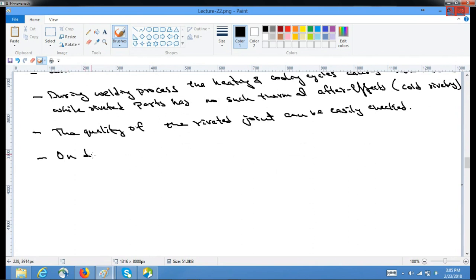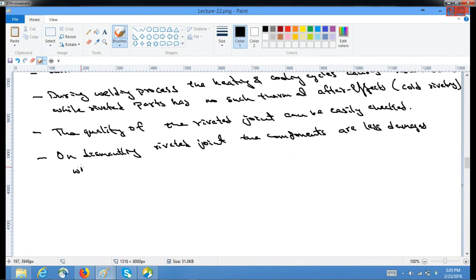On dismantling riveted joint, the components are less damaged when compared to welding. So these are some of the advantages of it.